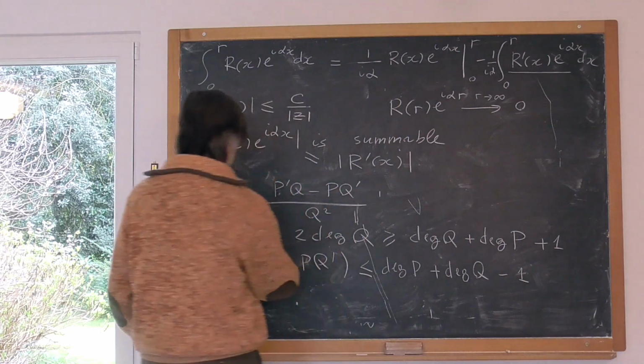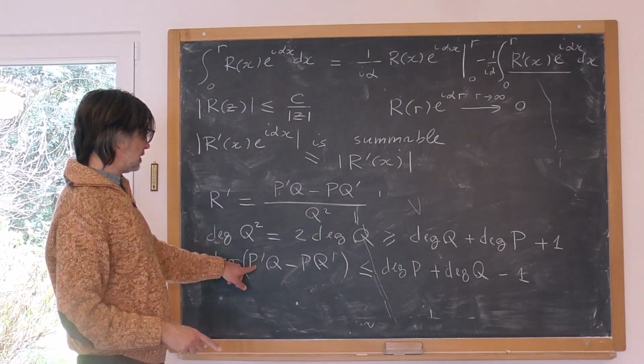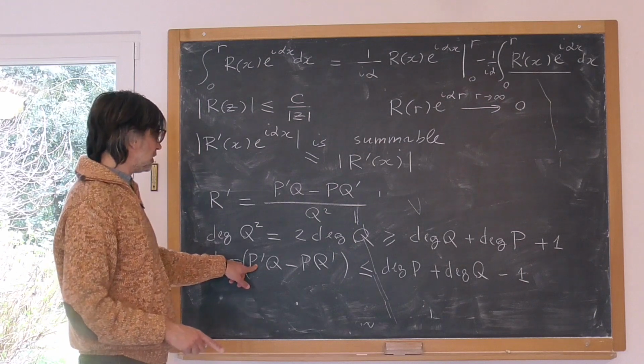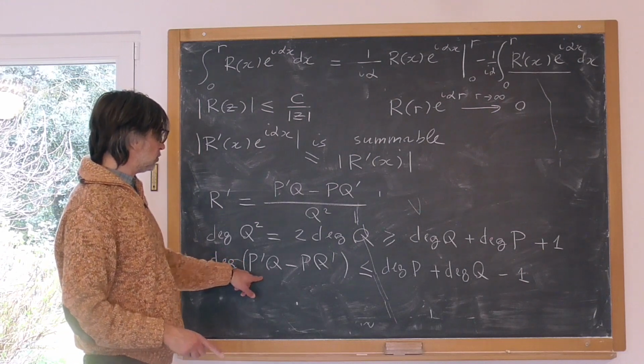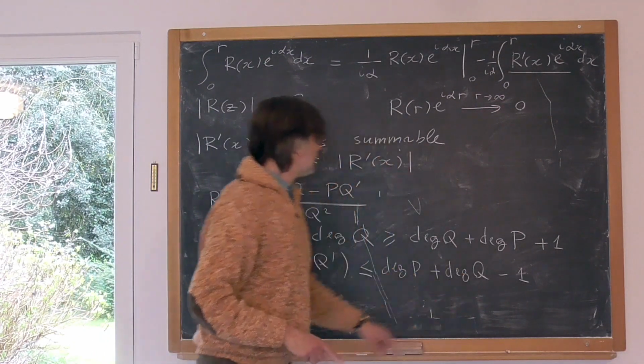When you derive, for instance, p prime has degree of p minus 1, and then we multiply by q, so we get degree of p minus 1 plus degree of q.